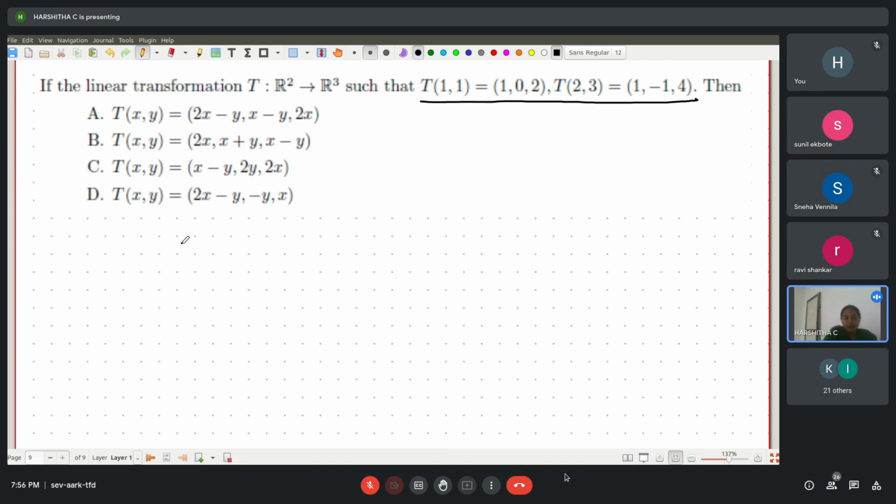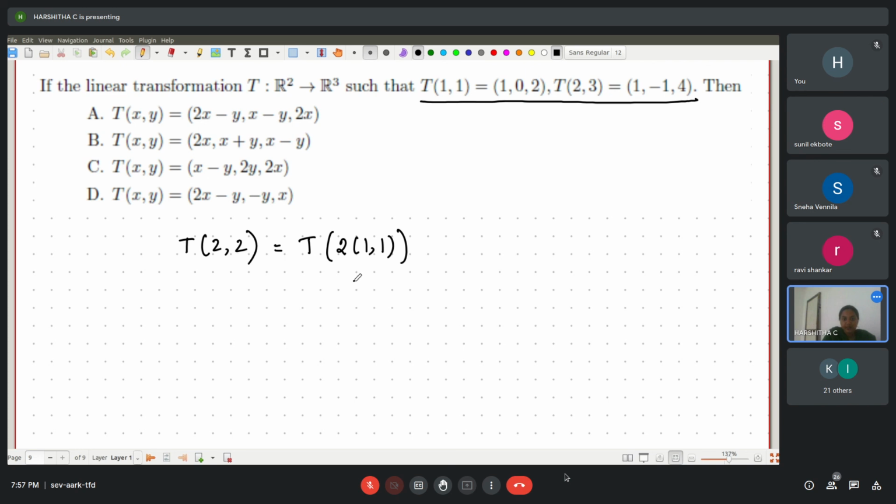Okay, so suppose instead of any (x, y), we ask what is T of (2, 2). Then how would you find out? We know T of (1, 1), and (2, 2) is just twice (1, 1), or you can see it as (1, 1) plus (1, 1).